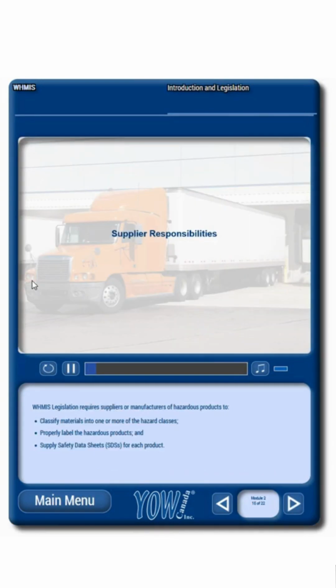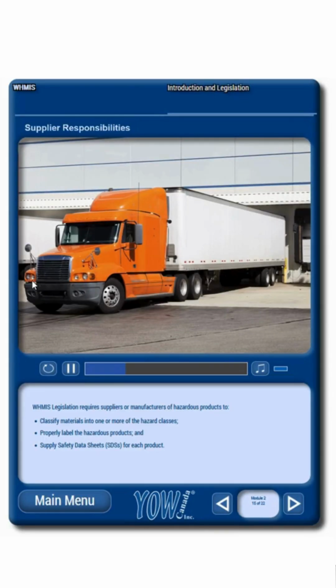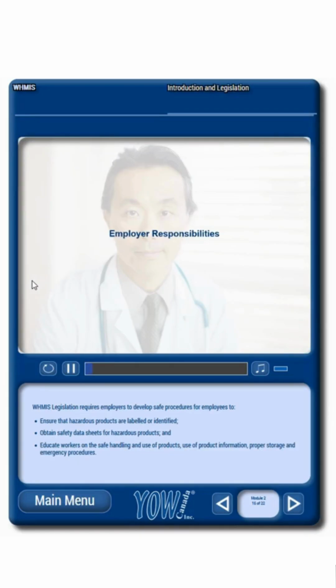Supplier responsibilities. WHMIS legislation requires suppliers or manufacturers of hazardous products to classify materials into one or more of the hazard classes, properly label the hazardous products, and supply safety data sheets, or SDSs, for each product. Employer responsibilities.